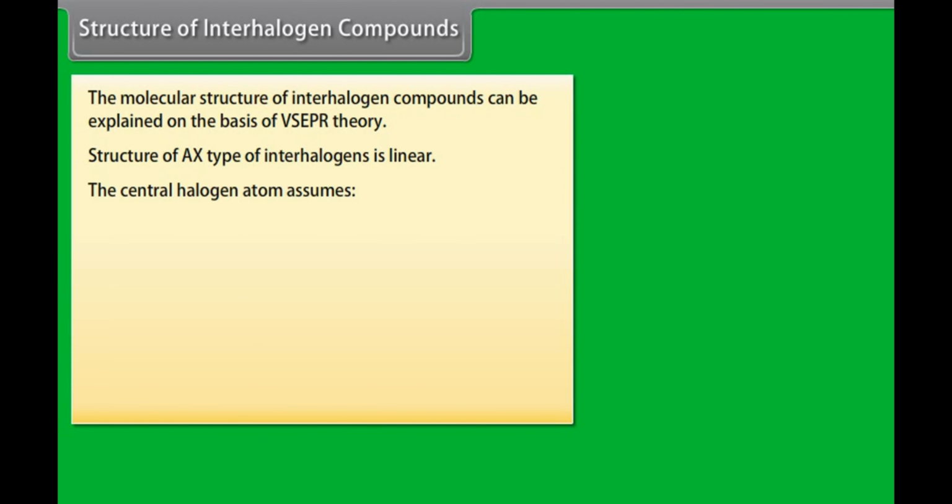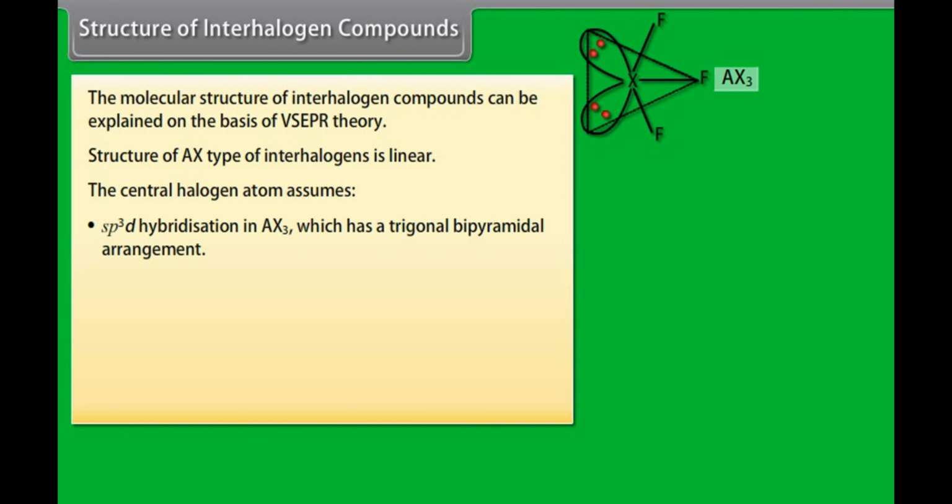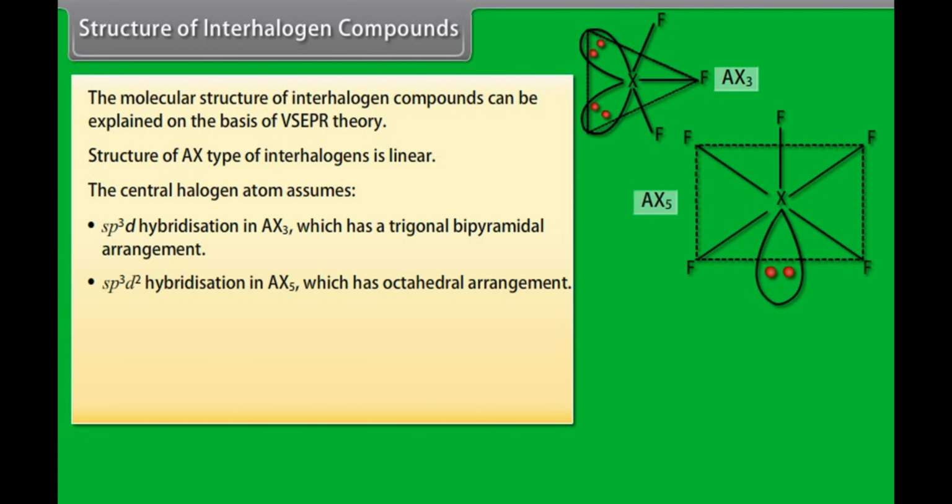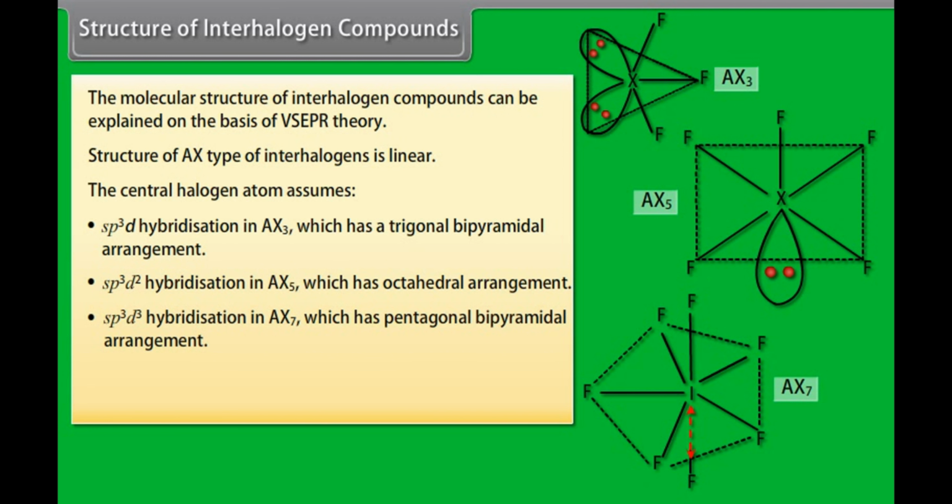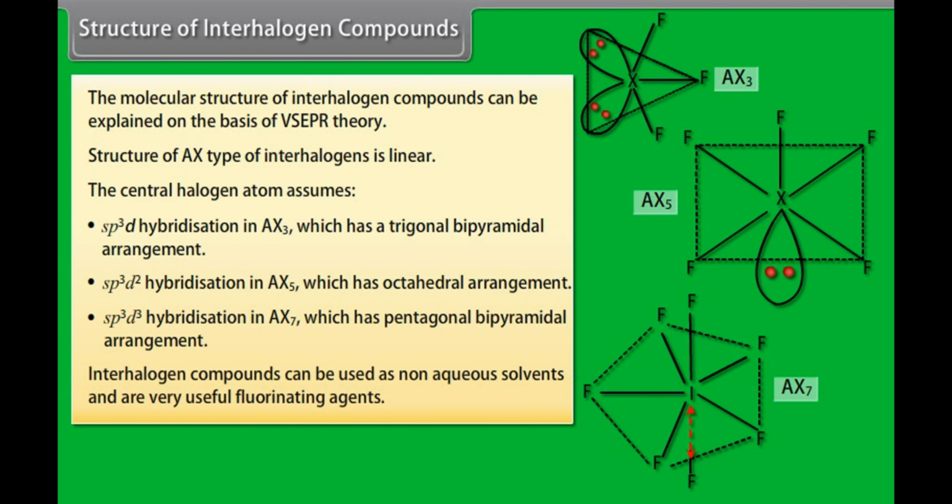The central halogen atom assumes sp3d hybridization in AX3, which has a trigonal bipyramidal arrangement, sp3d2 hybridization in AX5, which has octahedral arrangement, sp3d3 hybridization in AX7, which has pentagonal bipyramidal arrangement. Interhalogen compounds can be used as non-aqueous solvents and are very useful fluorinating agents.